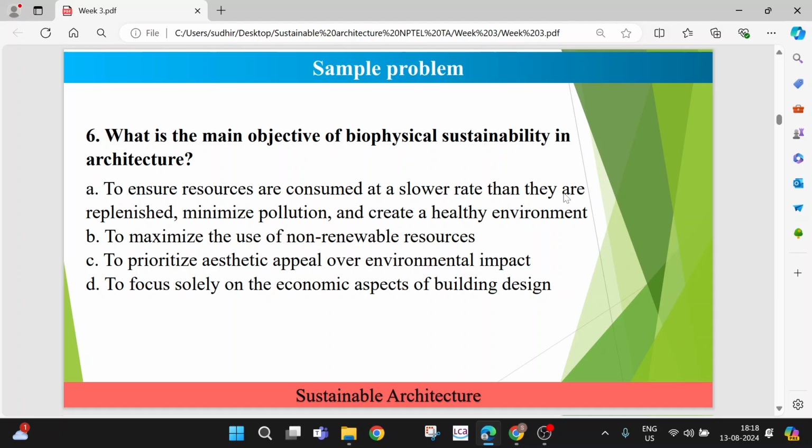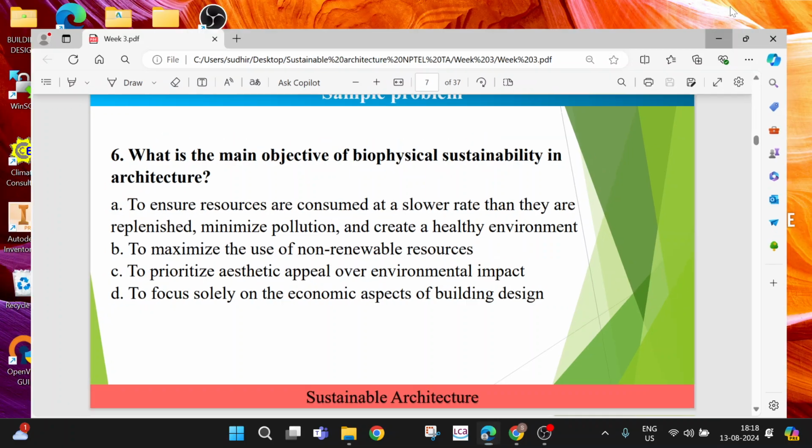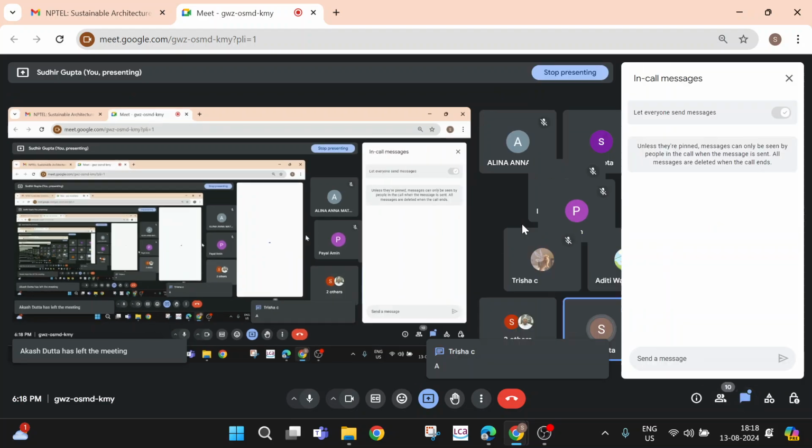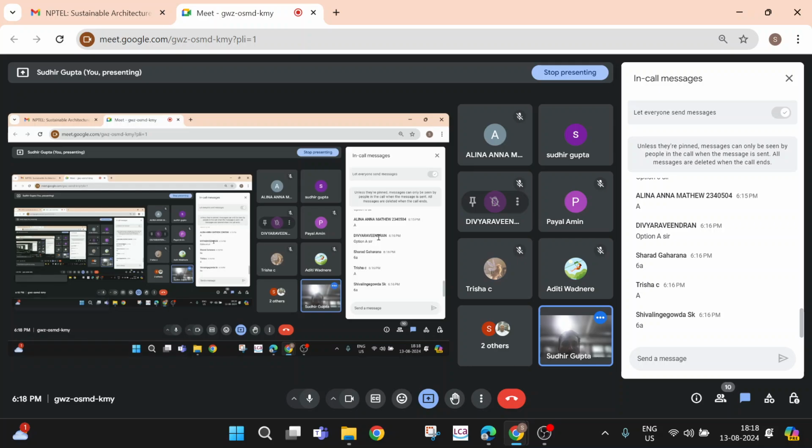Or what is the main purpose of biophysical sustainability in architecture? Let all of you give the answer. Elena is saying A and Divya is saying A. Okay, so if this question is asked, I think now you will be able to answer it. That is A.